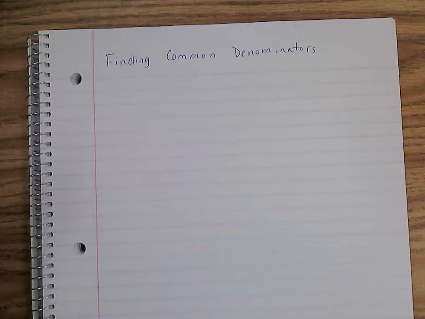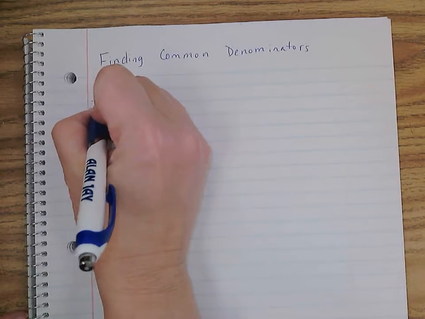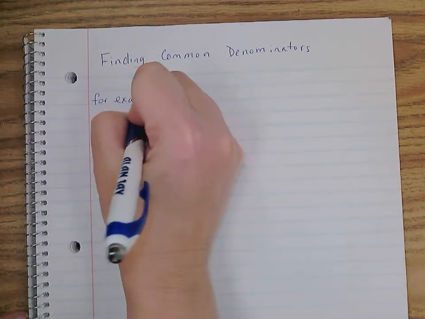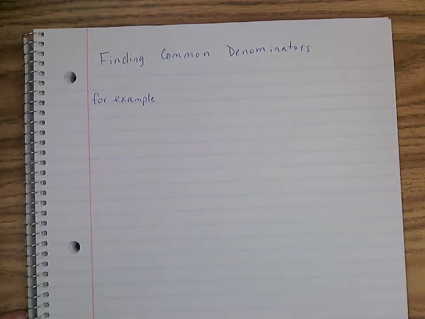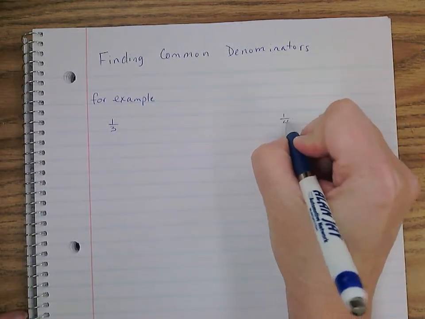So what are we doing when we find common denominators? We are renaming or rewriting the fractions, so it could be 2 fractions, 3 fractions, 4 fractions, so that the fractions name the same part of the whole. So for example, we're going to write 1/3 and 1/4.